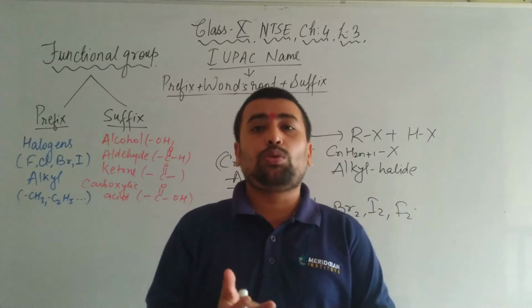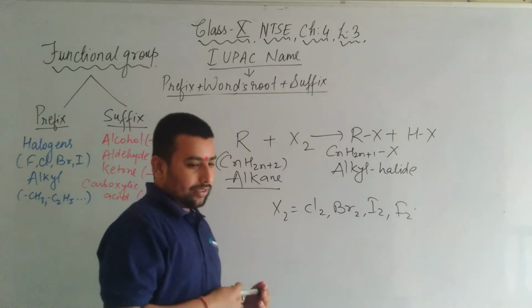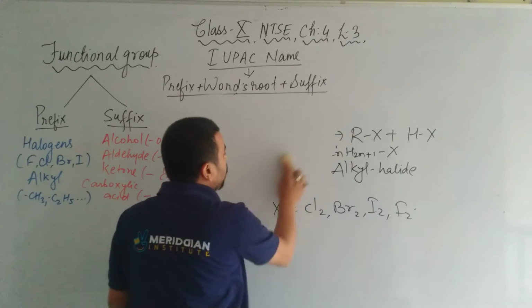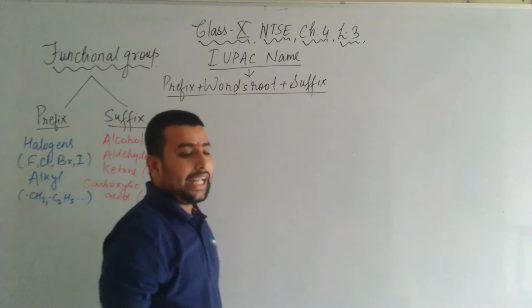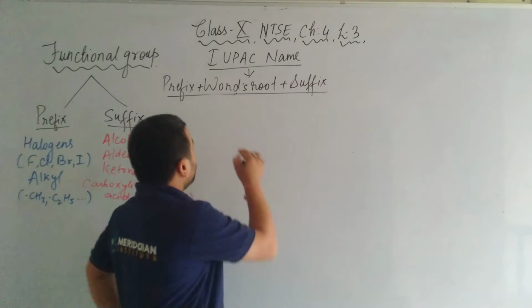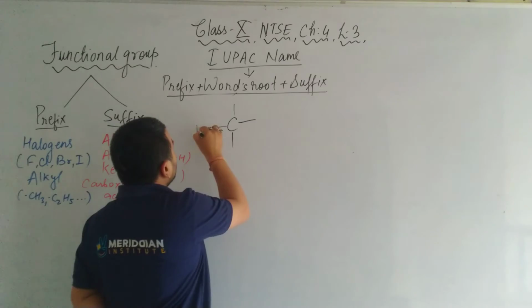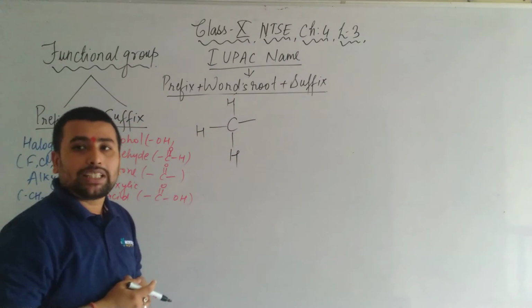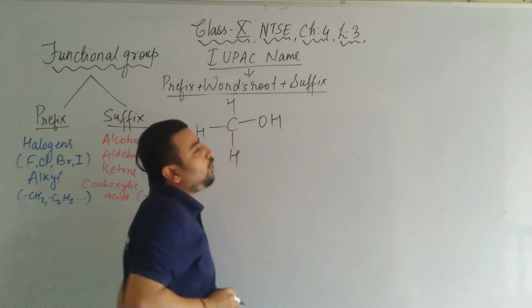Now let's come to the topic called suffix. Suffix, we follow the same process, but here we are going to do things a little differently. In methane, just suppose here there is methane. We remove one hydrogen from the methane and add a suffix called alcohol.